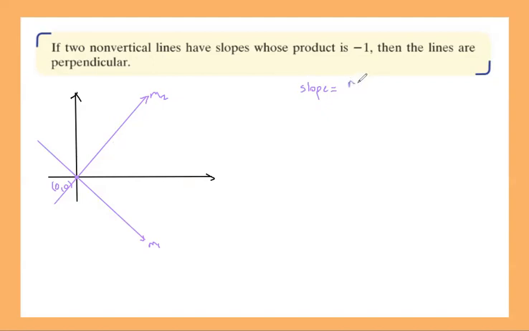Another way of saying that is rise over run. Some people remember it as the difference of the y's over the difference of the x's. So you can write y2 minus y1 over x2 minus x1, which gives the same thing. This is what we call slope. It's just a number, and we usually use m. That's why I said m1 and m2.